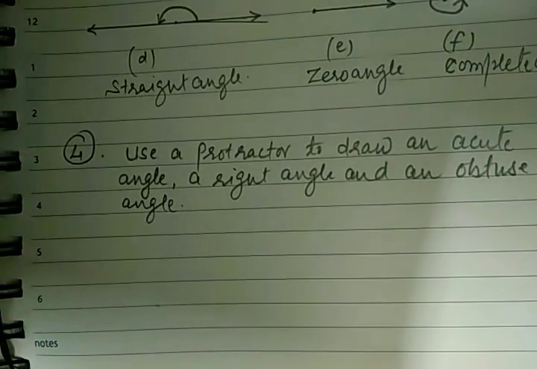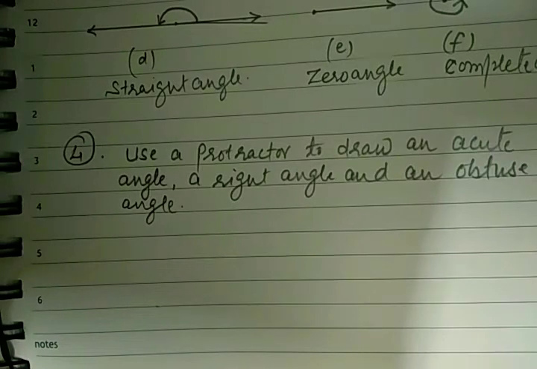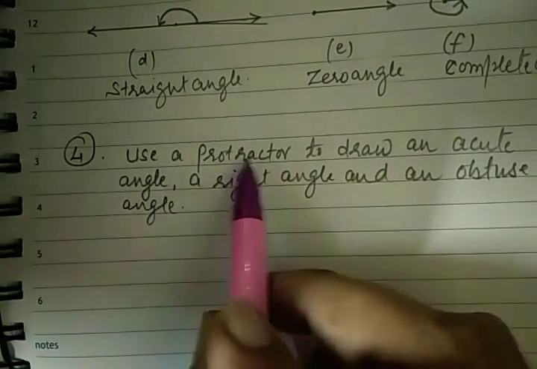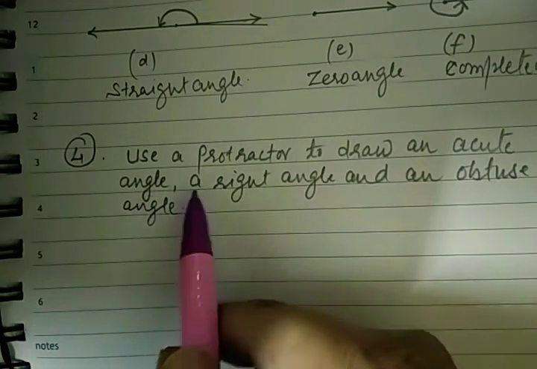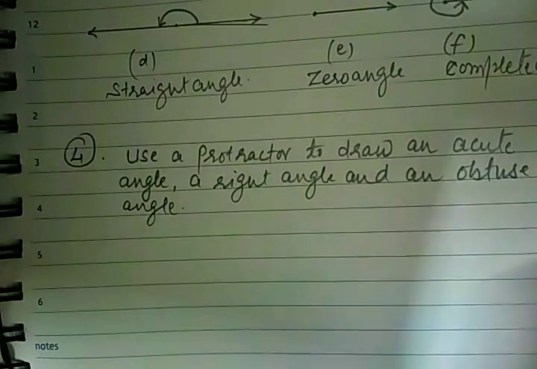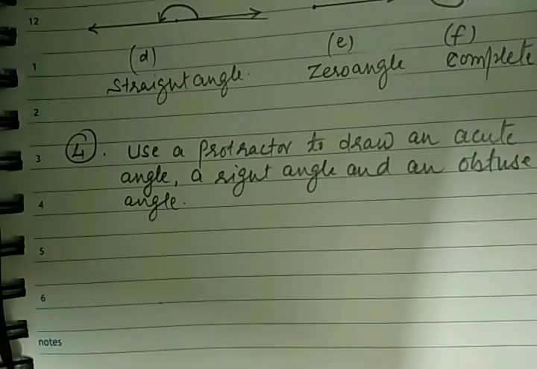Okay, students, now look at the fourth question of practice set 2, which was given to you as an assignment. The question was: use a protractor to draw an acute angle, a right angle, and an obtuse angle. So this is a question where we have to draw and show the construction.